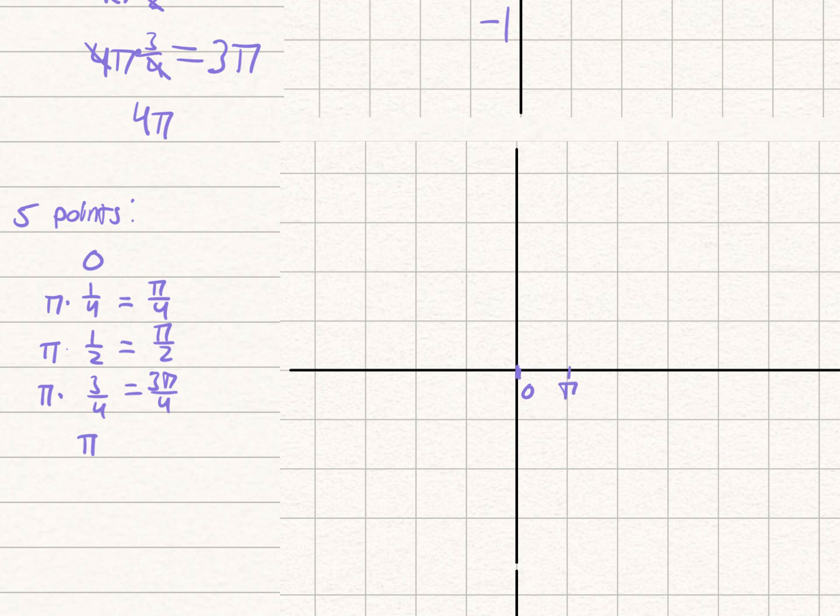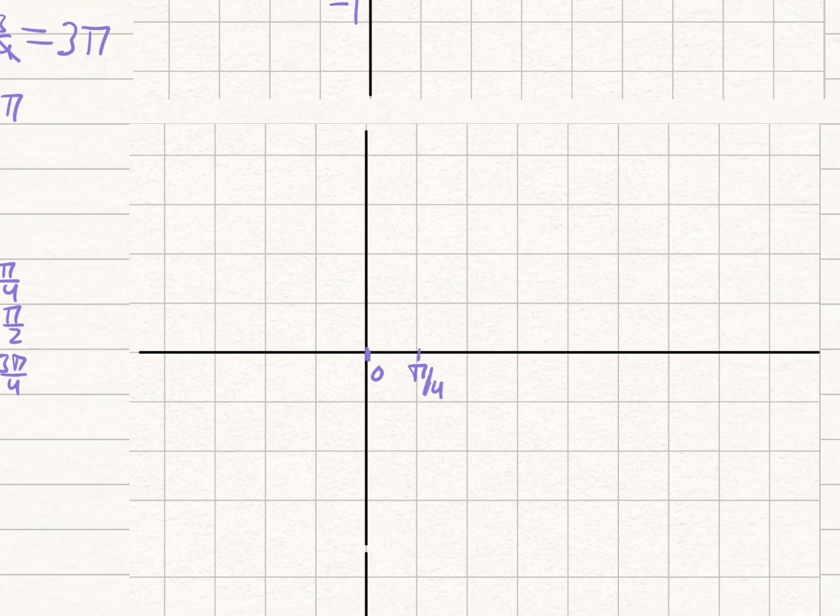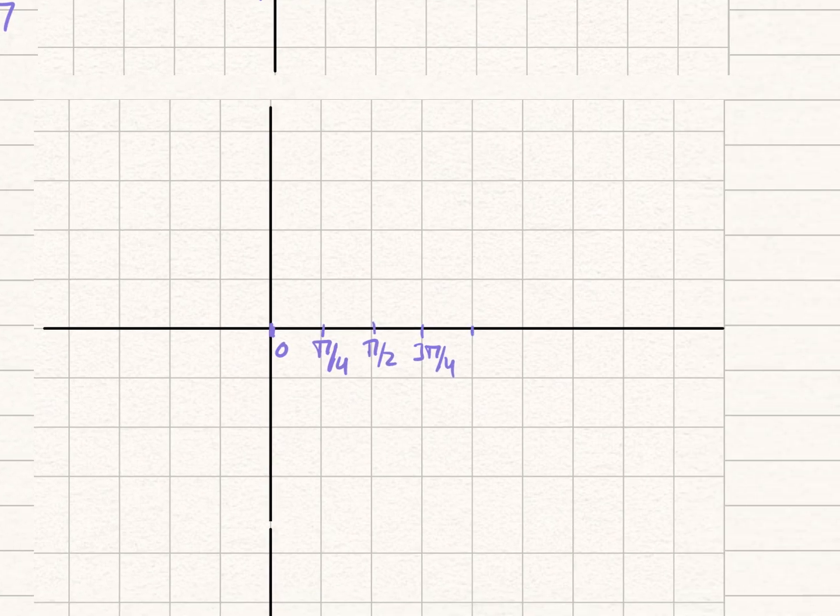0, pi over 4, pi over 2, 3 pi over 4, and pi. My amplitude was 2, so I'm going to have a point right here at 2, one at -2.